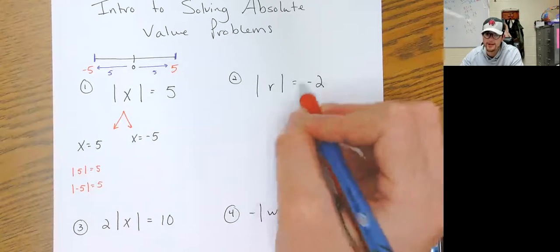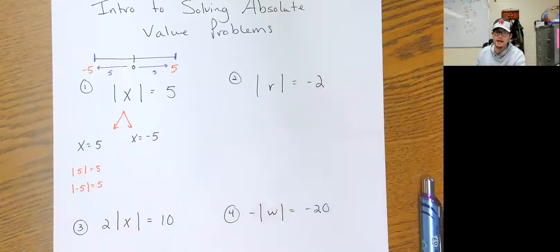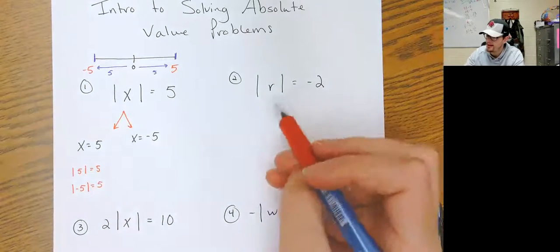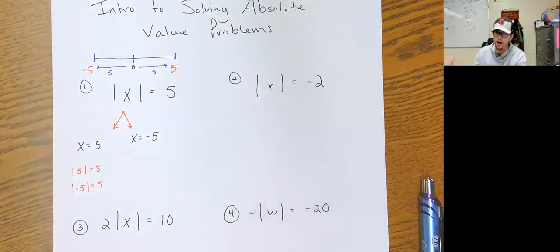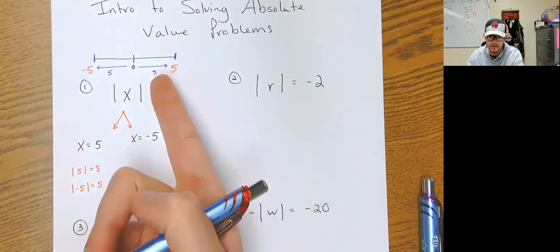Now, here's an issue. Like I said, the absolute value calculates the distance. So if I get the absolute value of r equal to a negative number, can you ever have a negative distance?